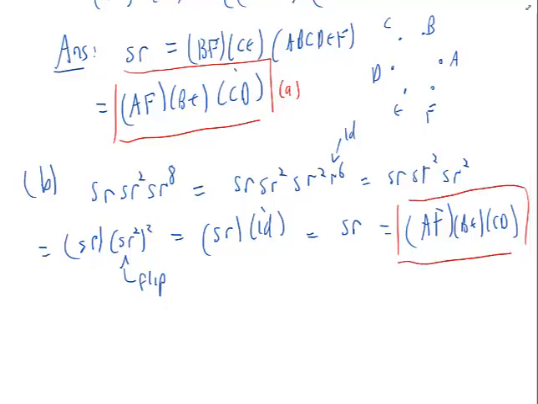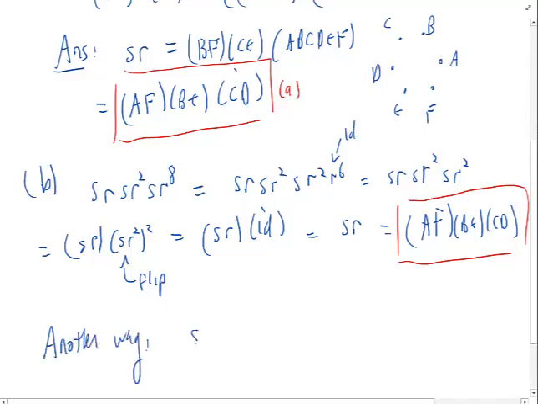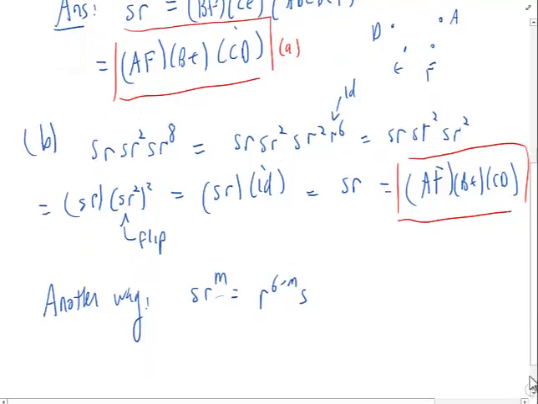Okay. Now, another way you could do this is use the relation SR to the M equals R to the 6 minus M. Sorry. And you can use this relation to flip your S's around.